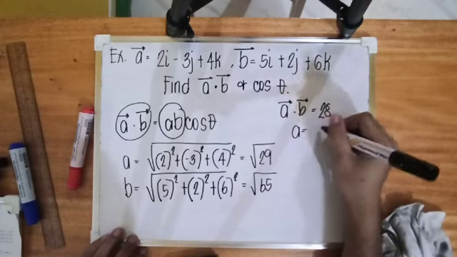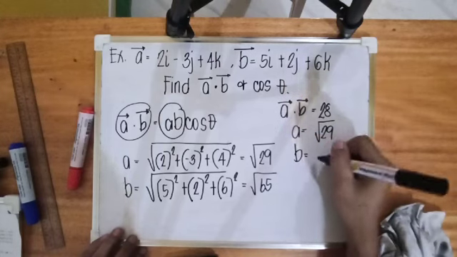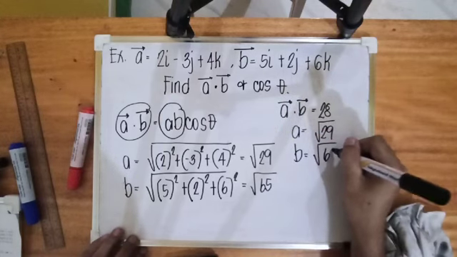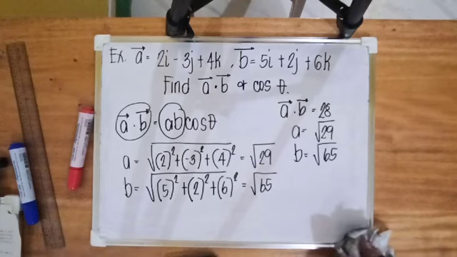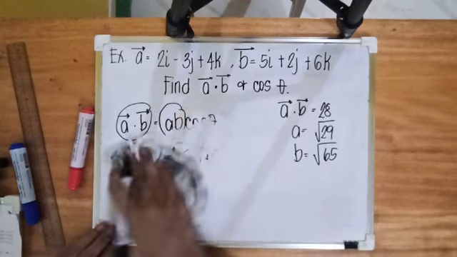So magnitude A is equal to the square root of 29 and magnitude B is equal to the square root of 65. Now we will get the value of our cosine theta.